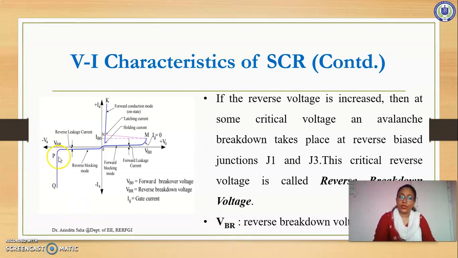After VBR, more increase in the voltage will lead to a steep rise in the current through the SCR. This is not favorable because if the current increases so much, it will lead to losses, and these losses will have an adverse effect and damage the SCR. So for healthy operation of SCR, it is necessary that the reverse voltage is below the reverse breakdown voltage.